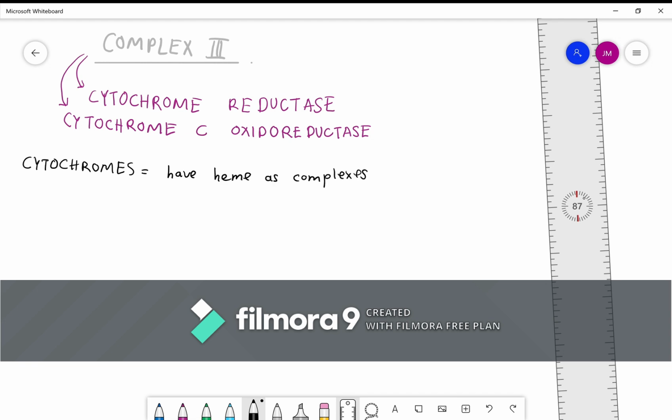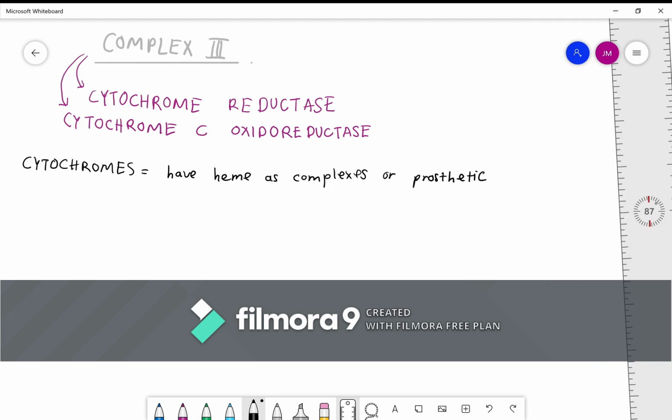Cytochromes are a group of proteins which have heme as their prosthetic groups. They also have an iron core, in which the iron can exist in an oxidized or reduced form, depending on the electrons it has.